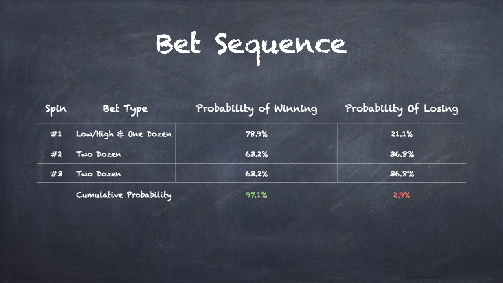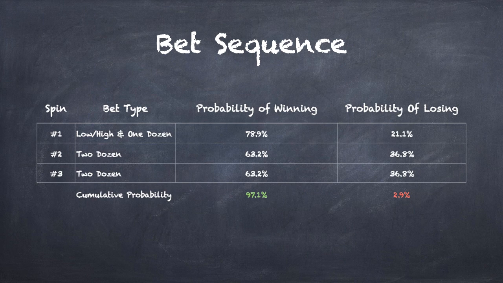If we lose that, then we go to another 2 dozen bet, and that has, again, a 63.2% chance of success. Looking at that sequence of bets, we can figure out what the cumulative probability of failure is and what the cumulative probability of success is. This particular bet sequence is actually quite good. We have a 97.1% chance of actually completing this bet sequence with at least one spin.